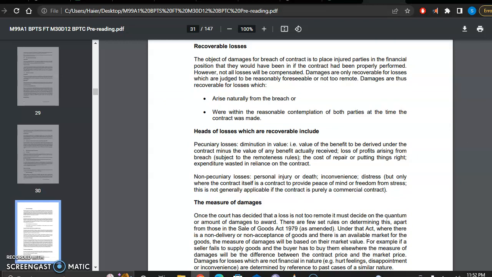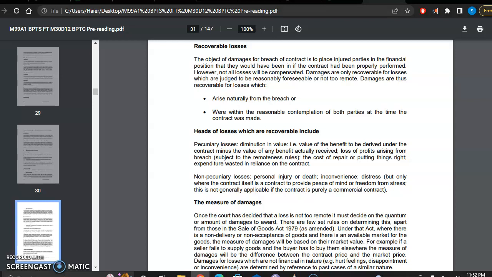Then there is the recoverable loss. The object of damages for breach of contract is to place the injured party in the financial position that they would have been in if the contract had been properly performed. However, not all losses will be compensated.